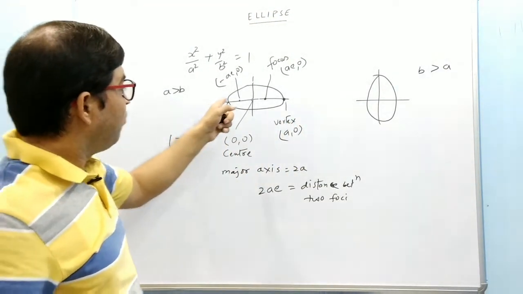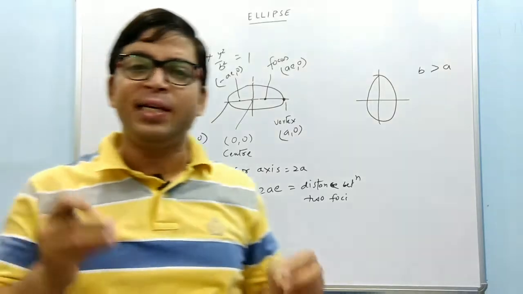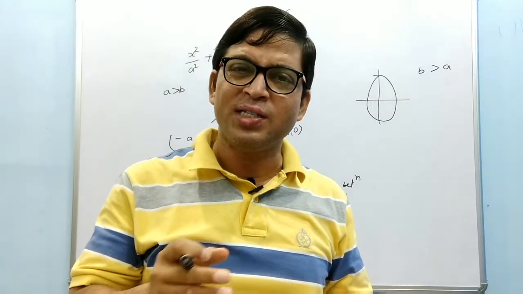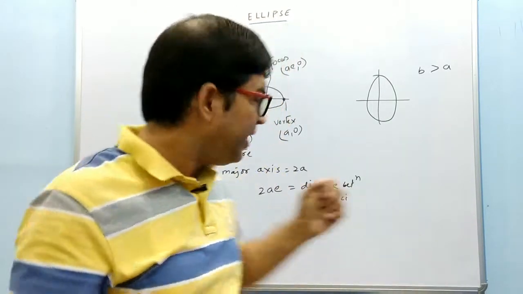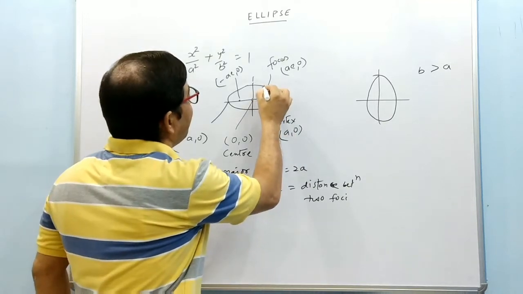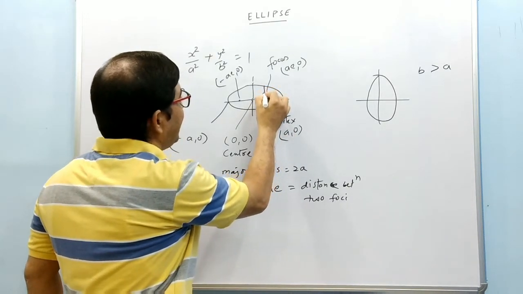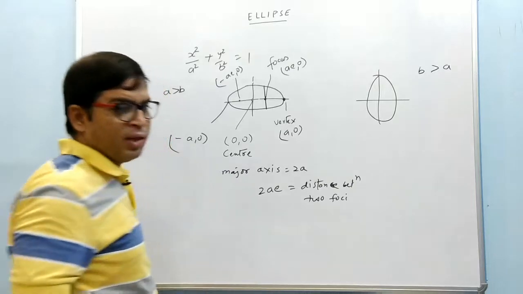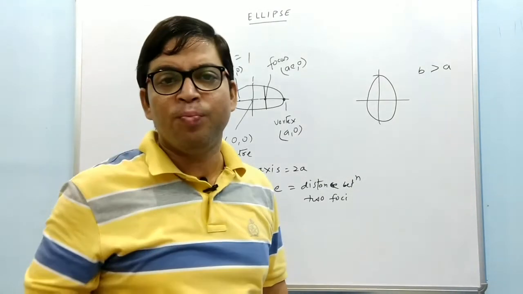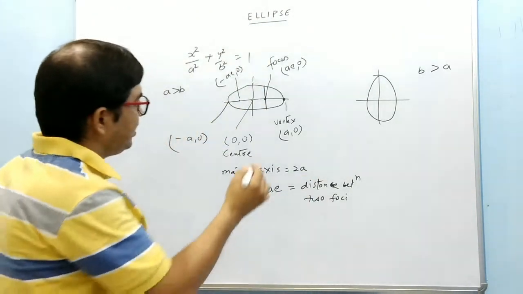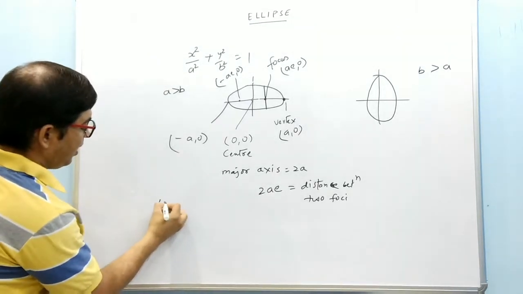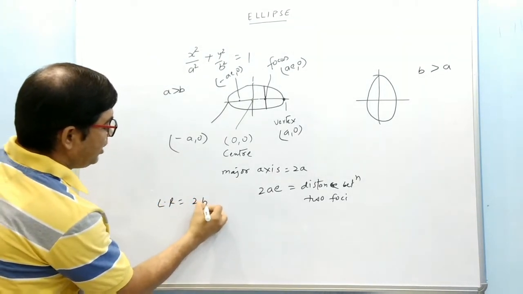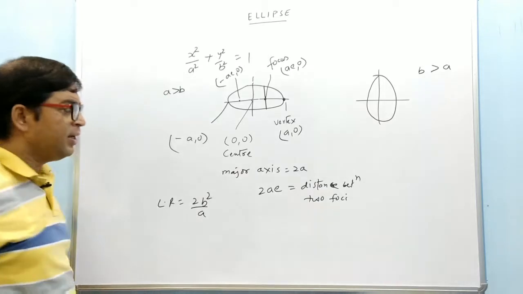Now, you see, what is latus rectum? The basic definition, as it was in the basic conics, is the perpendicular on the axis through the focus, cutting the conic at two places. Its length is coming out to be 2b square by a.